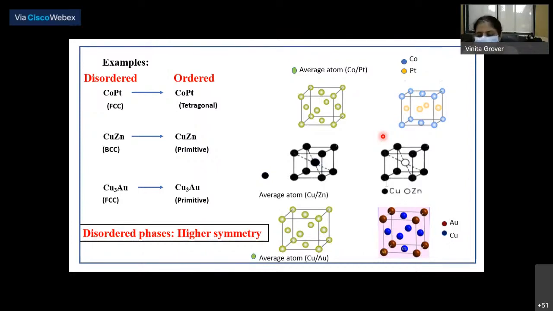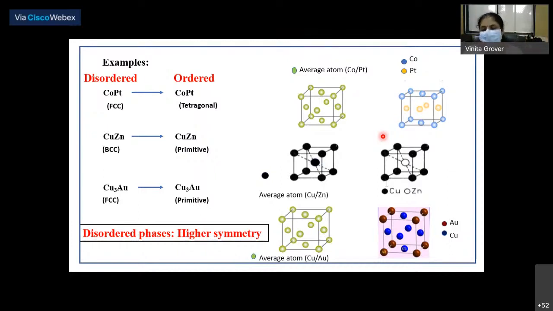Fluoride is a randomized structure where A and B occupy your corner and face center, and oxygen and vacancies are randomized. But when you go to pyrochlore, your A and B alternate in all three dimensions. And vacancy is also fixed at a particular point. So pyrochlore is an ordered structure of fluoride.